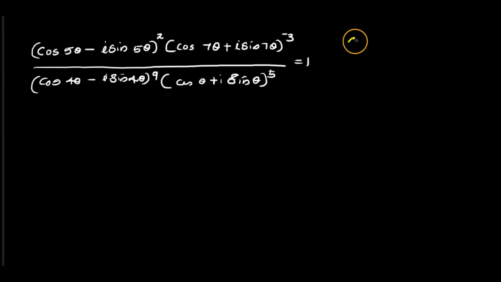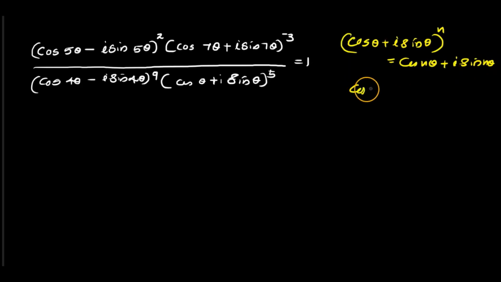First of all, (cos theta plus i sin theta) all power n is equal to, we can write as cos n theta plus i sin n theta. This is a result. And also (cos theta plus i sin theta) all power minus n is cos minus n theta.